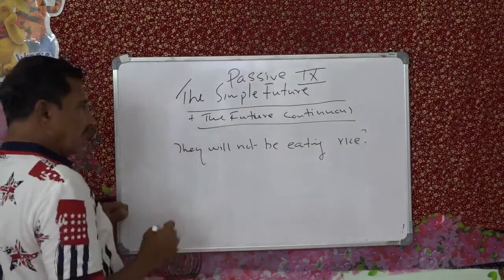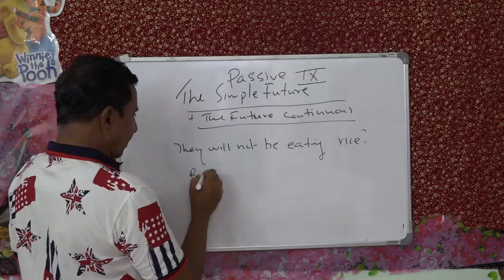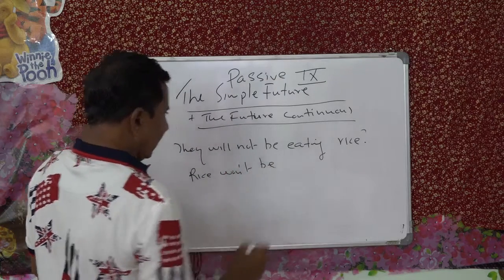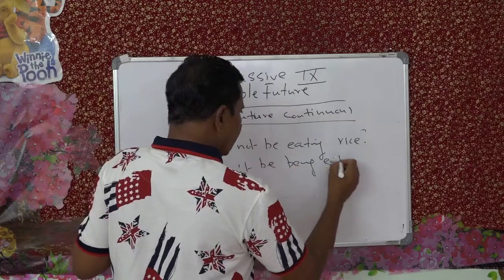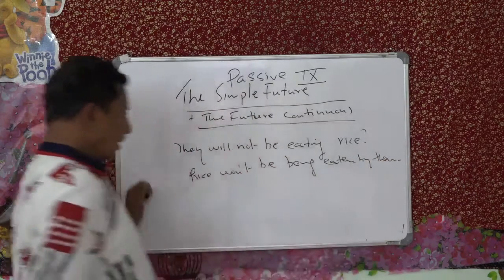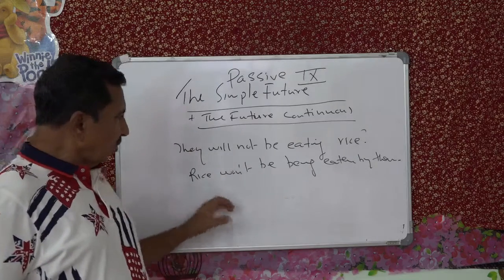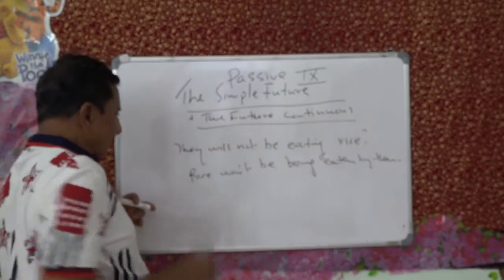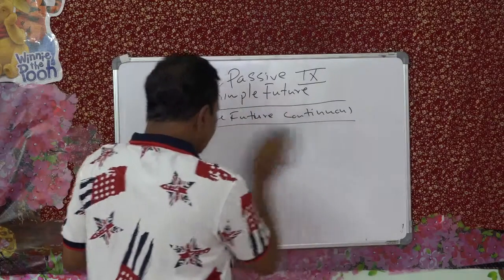So you will have rice won't be being eaten by them. Rice won't be being eaten by them. Strange. But for learning this now, you have an example. That's all. Okay, is that clear?